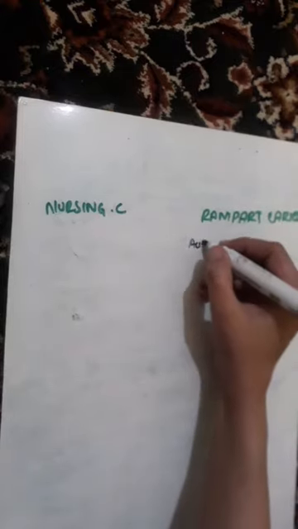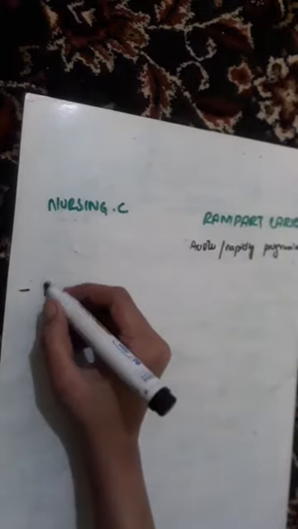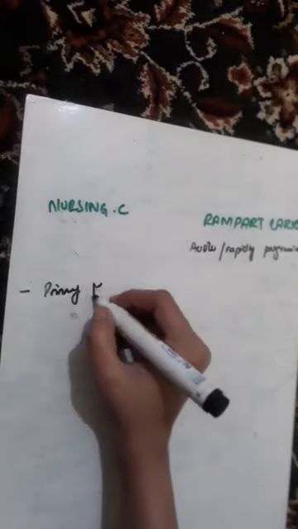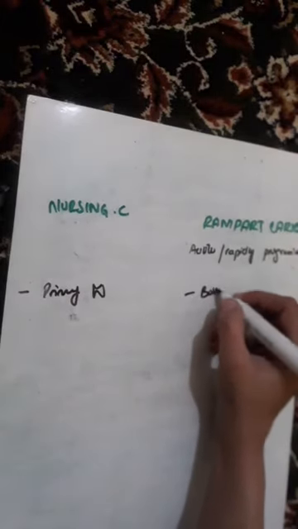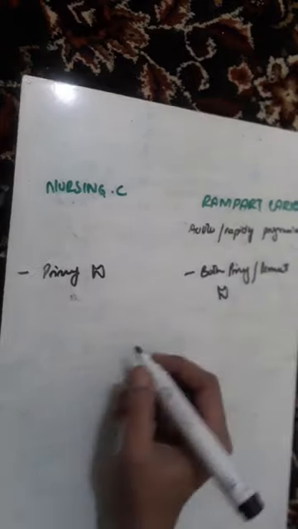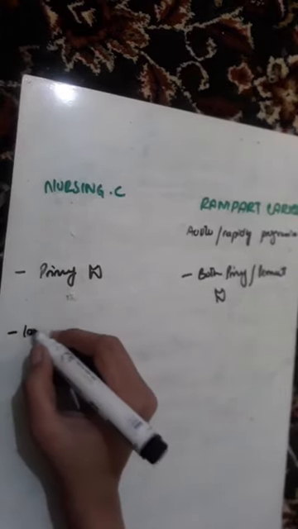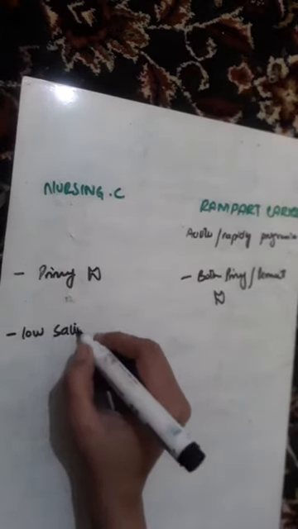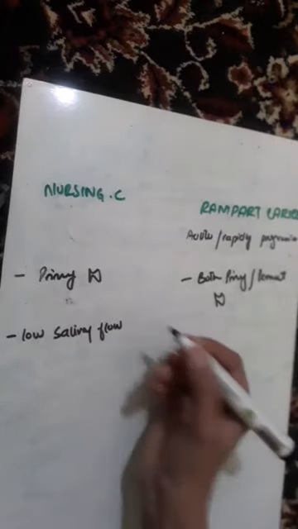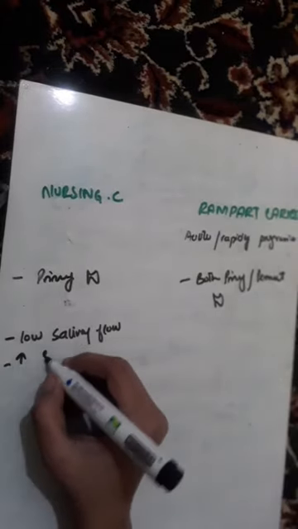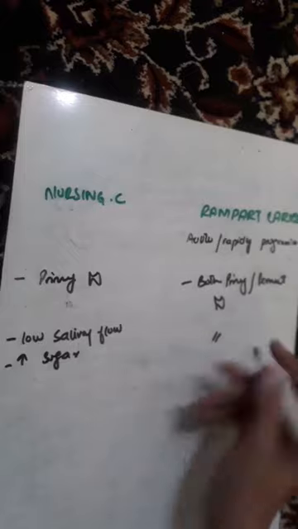It is acute and rapidly progressive. It involves the primary dentition, while rampant caries involves both primary and permanent dentition. Now the etiology is low salivary flow and increased sugar, same as here.